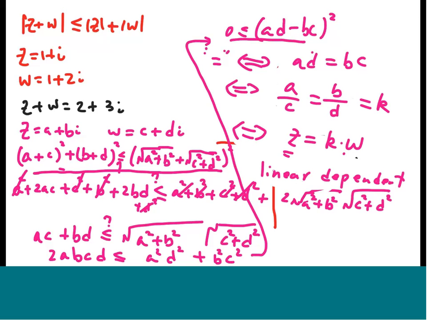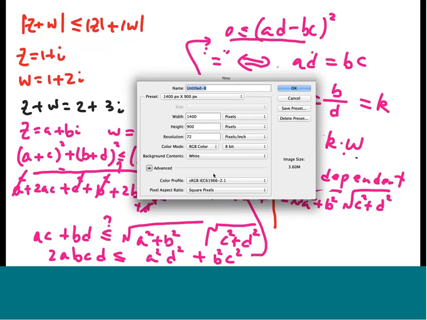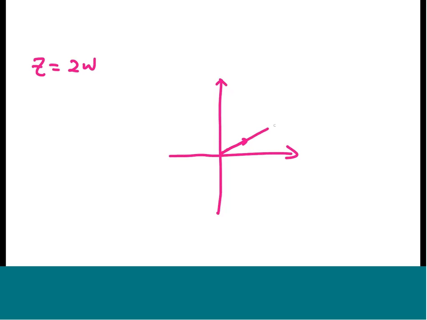So actually Z and W, if you join them in the plane, it's going to be the same line. So Z equals, for example, 2W. What that means is, if here is W, then here's going to be 2W.